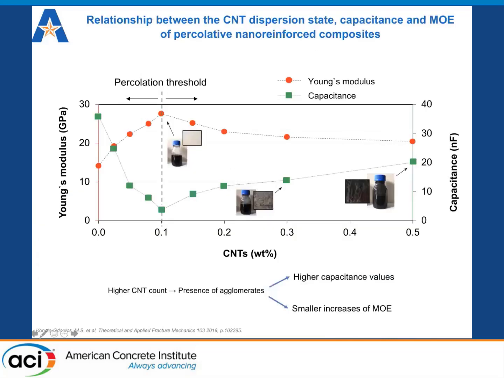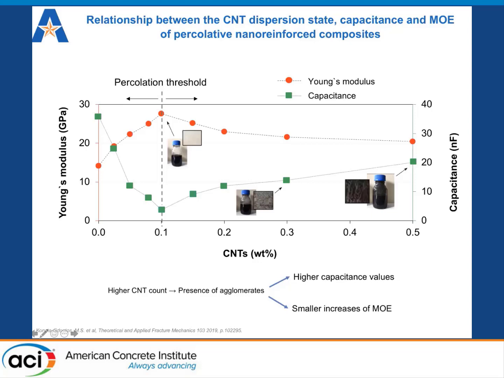So all these values of the Young's modulus seem to be in very good agreement. Now I can move up to my final slide, where I want to show you, from the plot in this figure, the modulus-capacitance plot. In this figure, there is a very good correlation between the capacitance values and the Young's modulus of the nano-reinforced mortars as a function of the CNT content.